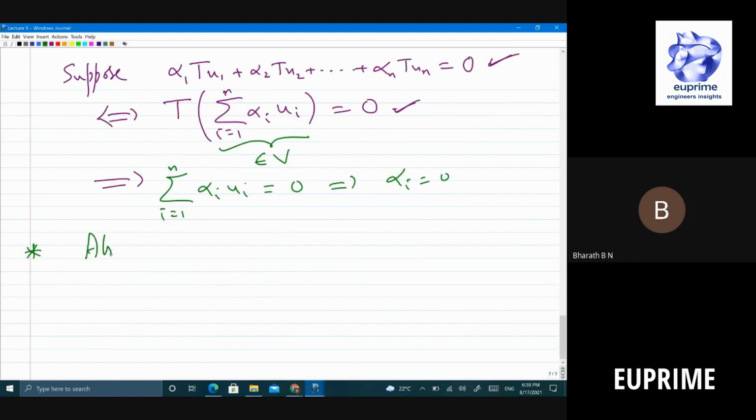Also, for every V not in the null of T, TV can be written as a linear combination of the TUi. That's also possible, right? So now, what does that mean? Think, I'll write it as think.